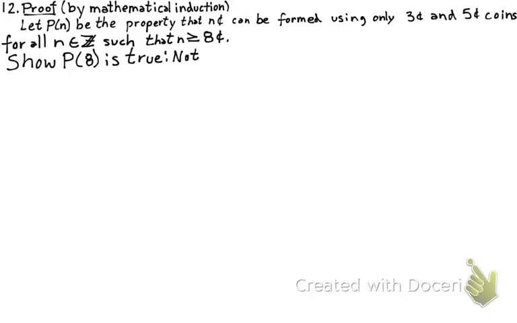We could say, notice that 3 cents plus 5 cents equals 8 cents. Basis step is done. So, thus, P of 8 is true.